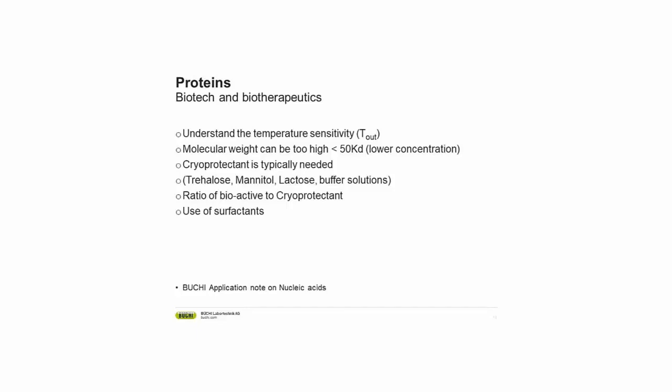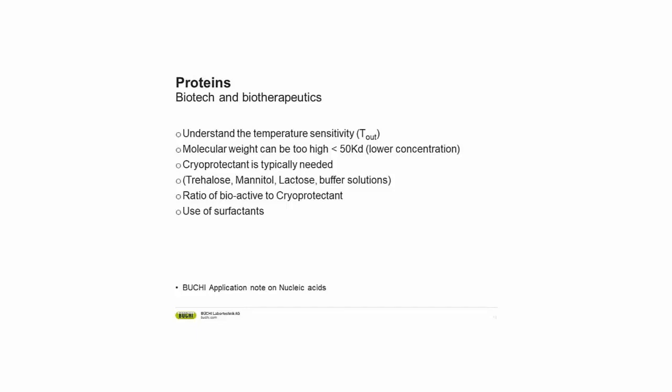What's also important is that the molecular weight of the protein can be too high, and then we need to lower the concentration. If you work with protein or biomolecules, you will also typically need to work with some cryoprotectants because you need to protect your molecule from the heat and from the drying process as well.